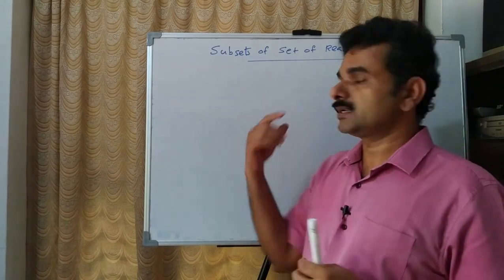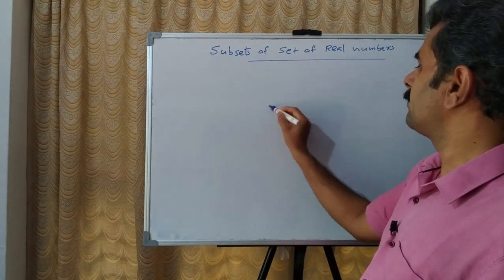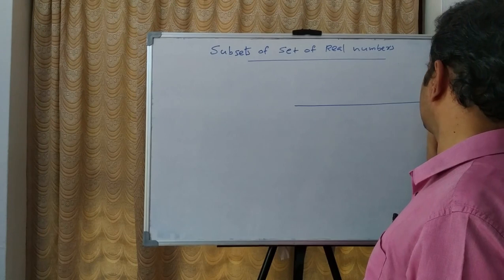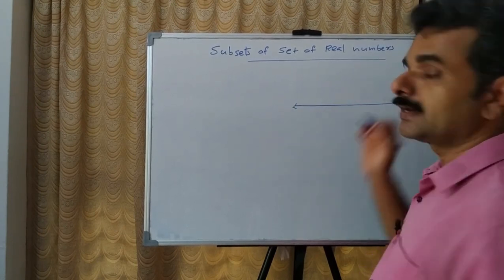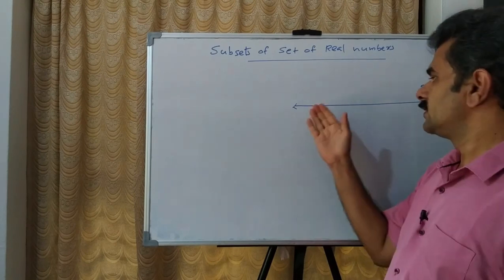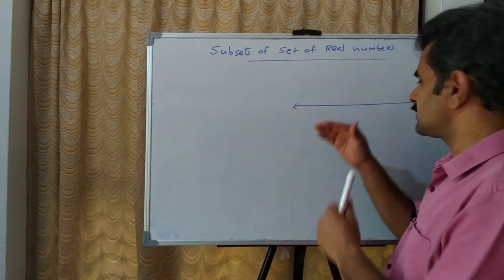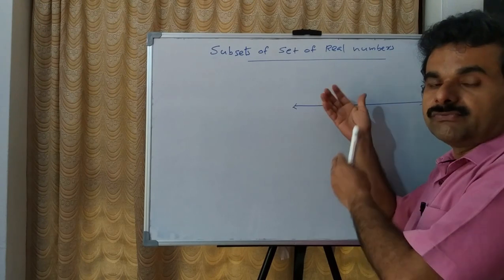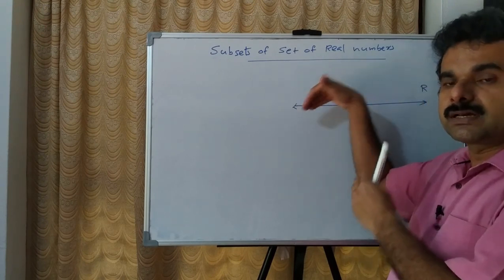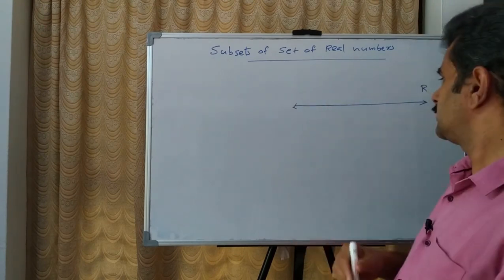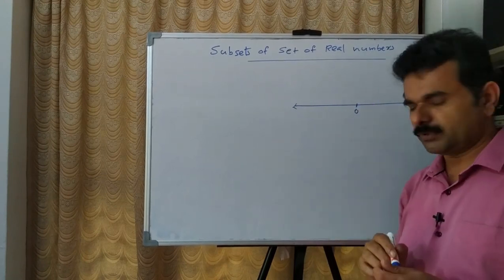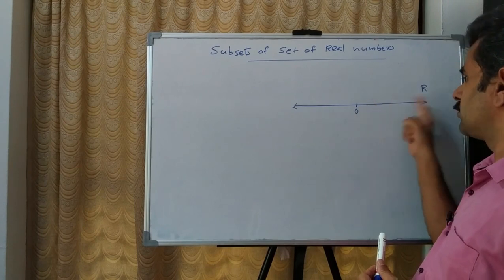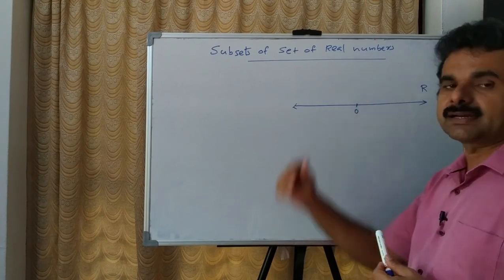So the set of real numbers means a number line, the real number line, R. This line consists of every number which you have learned up to 10th standard or up to this moment. Its middle value is 0. The right side is taken as positive and the left as negative.